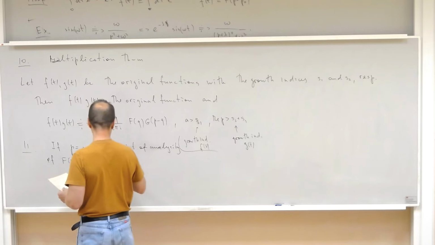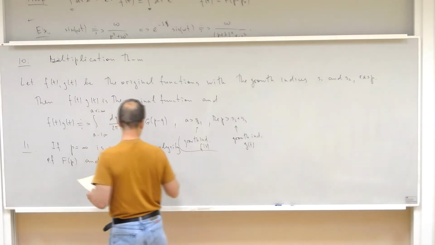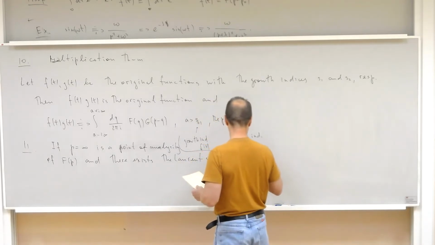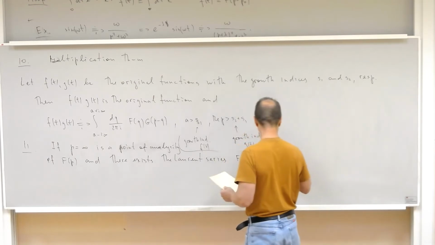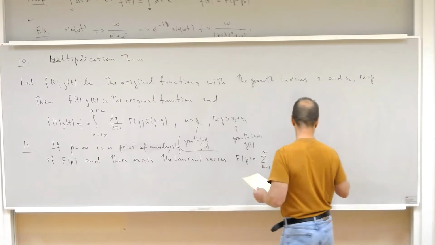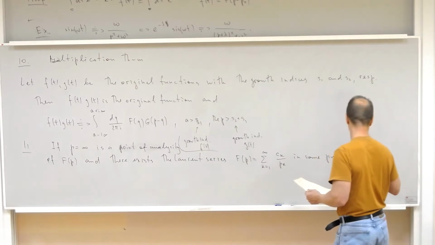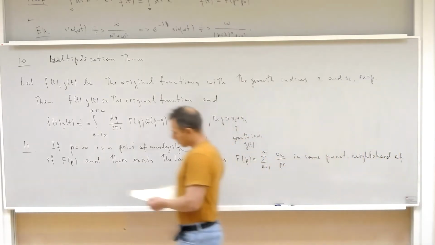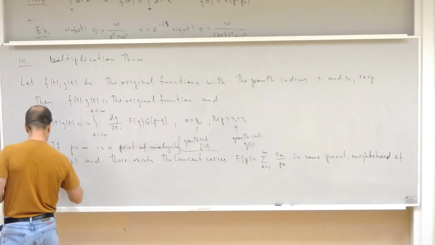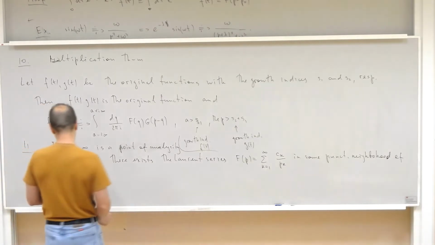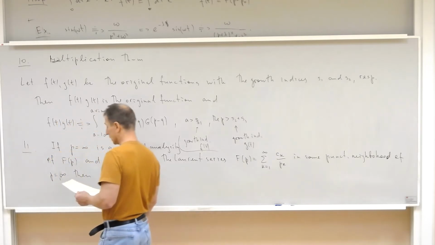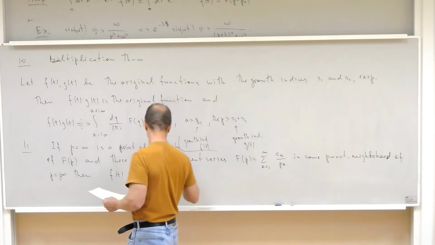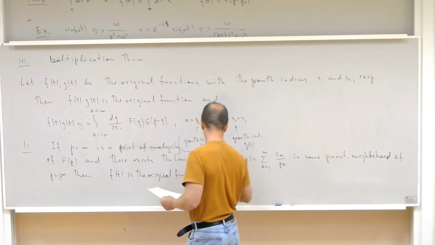Then the original function f small of t is given by the following expression.